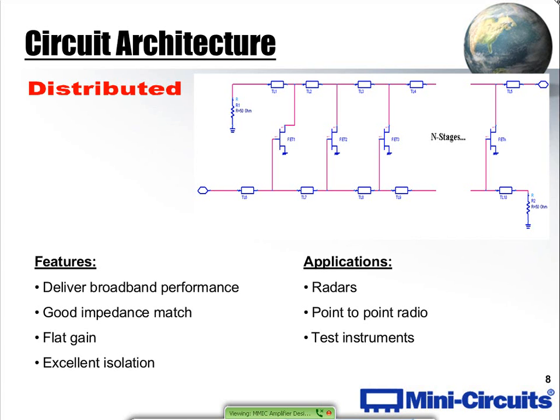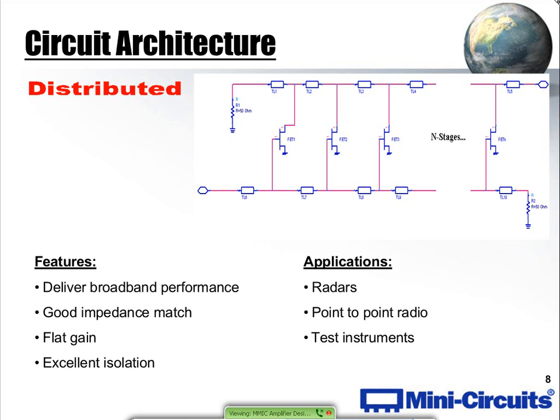Because you're trying to put a large number of devices in the gate line and the drain line, you start to use up a lot of chip real estate. And chip real estate results in cost and packaging difficulty. Also, the design is traditionally not used in low noise, and in fact, we don't use it in any low noise devices.